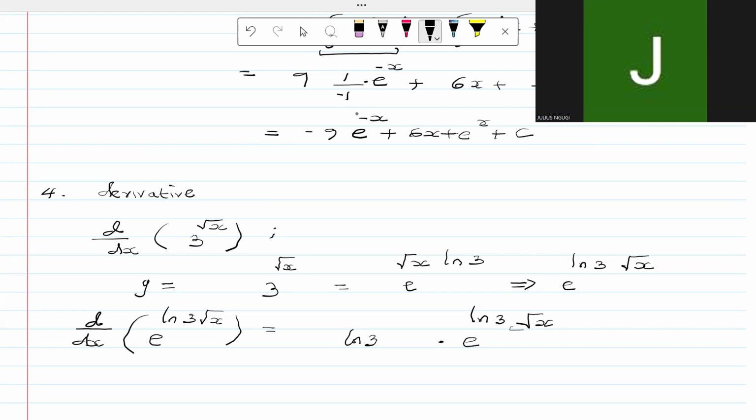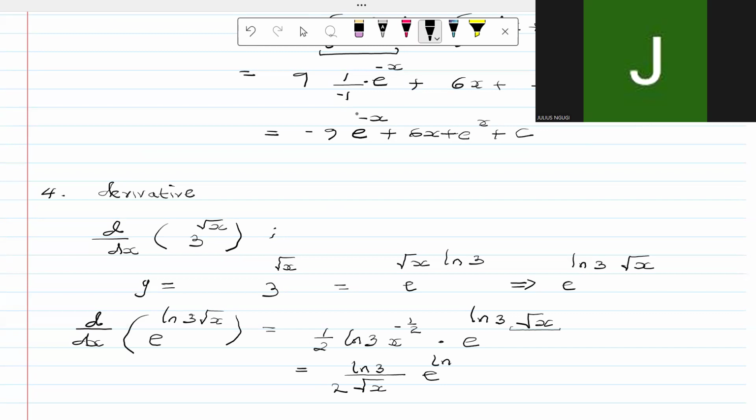So you differentiate x to the power of a half. The derivative of x to the power of a half is just a half, then x to the power of minus a half. So this one results in ln of 3 over 2 square root of x. Then you multiply by the exponential. Exponential power ln of 3 is just 3.